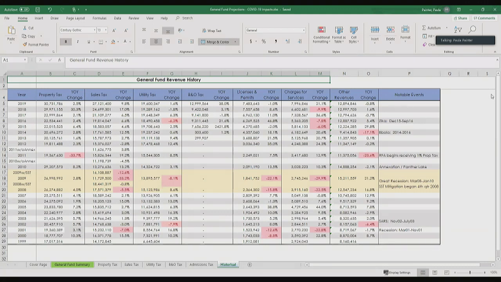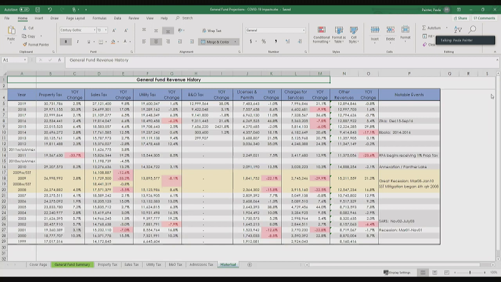What I want to bring your attention to primarily is property tax, in your columns B and C. You're going to see that property tax, no matter what we face, has grown, with the exception of when the RFA was created and 1% of our levy rate went to the RFA.